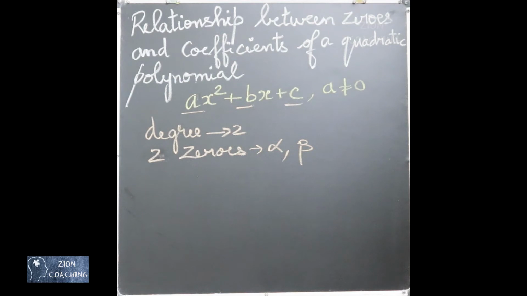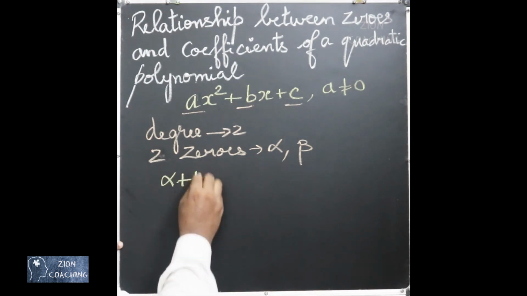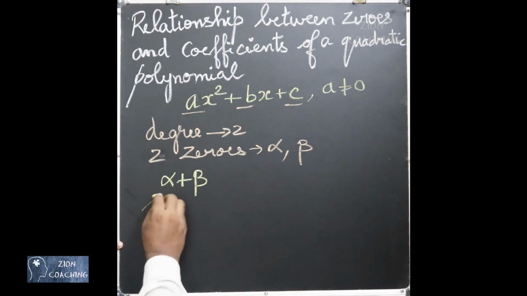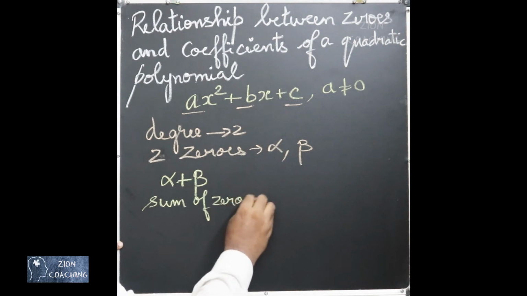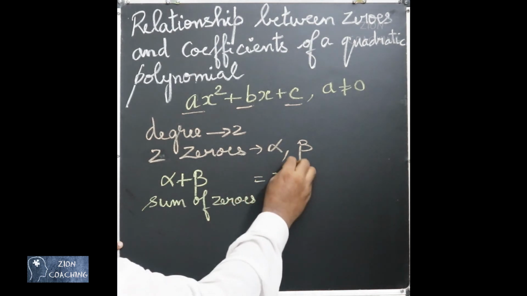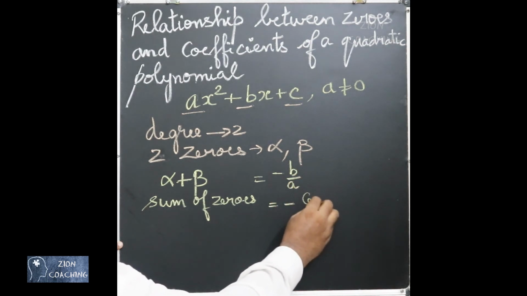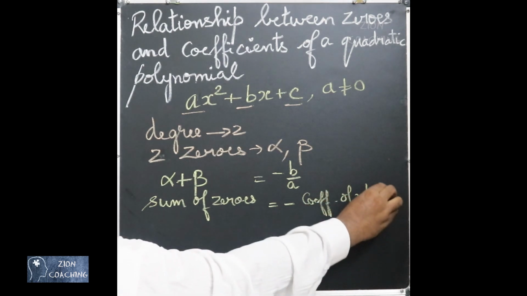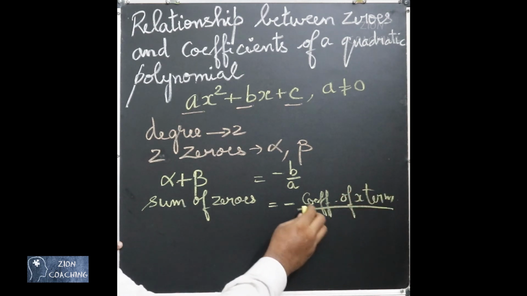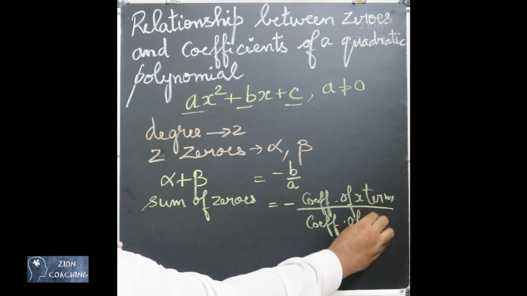Then the relationship between the zeros and the coefficients is given by alpha plus beta, that is sum of zeros, is equal to minus b by a, that is minus of coefficient of x term divided by coefficient of x squared term.